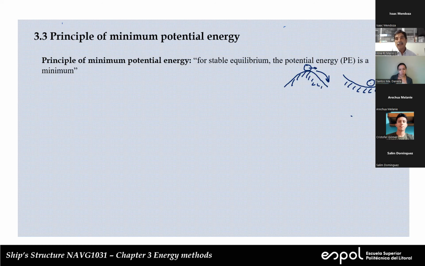If you do something like this, it will oscillate until finally you come back. So this is what we call an unstable equilibrium, and this is a stable equilibrium. Both are static equilibrium, okay? But if we're looking for a stable equilibrium, that's this case. In this case, the potential energy has to be a minimum, okay?